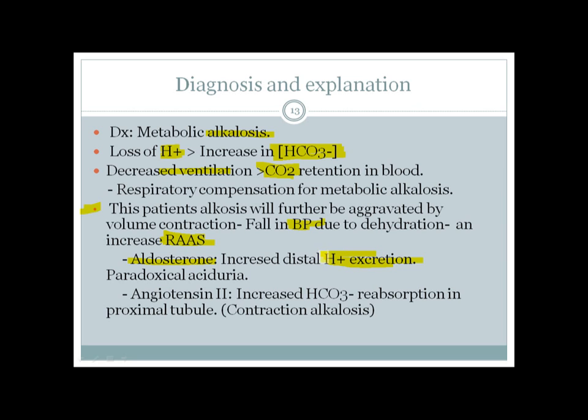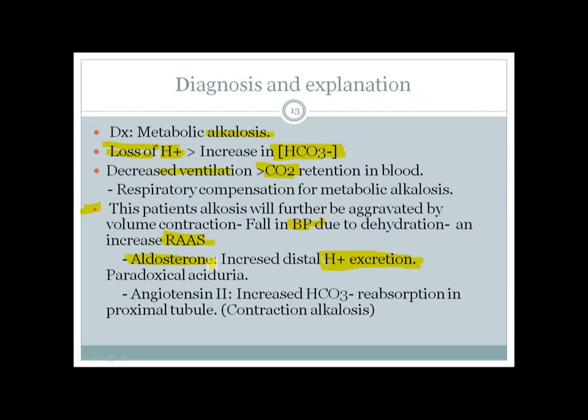Increased hydrogen excretion is something very bizarre in this case because you have already lost a lot of hydrogen from your body by vomiting, but still you are losing hydrogen through your urine, and that occurs due to preferential conservation of sodium. Because if you have a volume contraction, the first thing you want to conserve is volume, and to do so, aldosterone increases sodium reabsorption in the distal tubule.